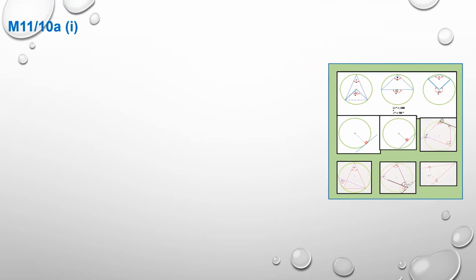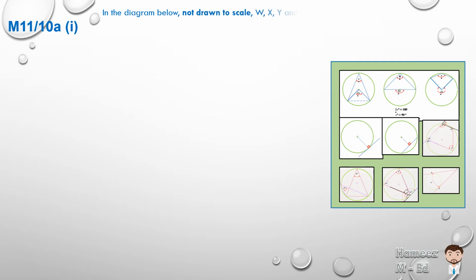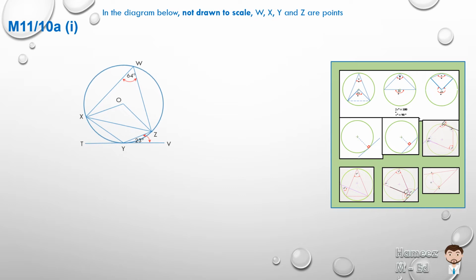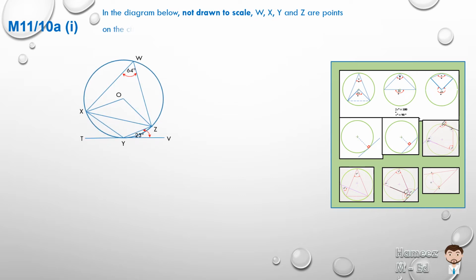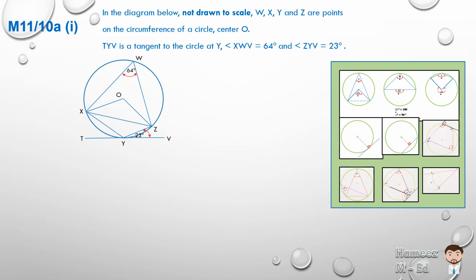In May 2011, number 10A: In the diagram below, not drawn to scale, W, X, Y, and Z are points on the circumference of a circle, center O. TYV is a tangent to the circle at Y. Angle XWV is equal to 64 degrees and angle ZYV is equal to 23 degrees.